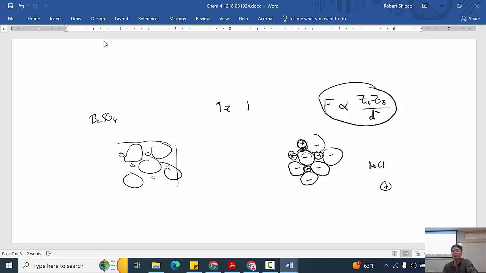And so let's say I built up a lattice, rather than with +1, I built it up with +2. So if I have a +2 here, what are the negatives going to do? The negatives are going to be more strongly attracted to this. If I made the cation +2 now, and the anions stay at -1, how much stronger is the force?